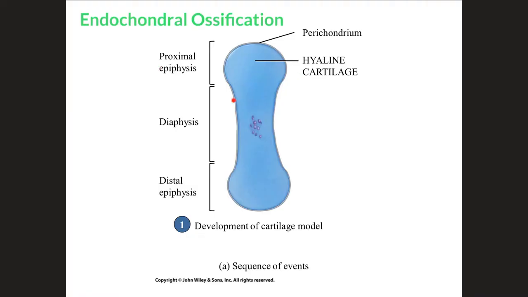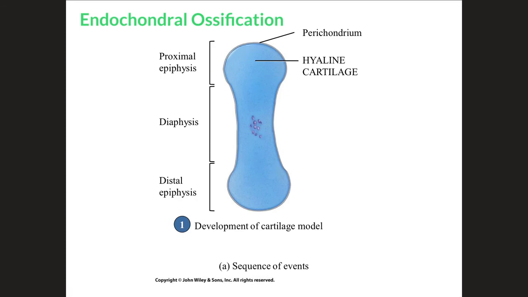In endochondral ossification, we start with the development of the cartilage model. Now, this hyaline cartilage develops on mesenchyme. So mesenchyme tissue is actually the precursor to this, but instead of bone being developed straight from that mesenchyme tissue, that mesenchyme tissue is going to differentiate into hyaline cartilage, forming this model of bone, and then from this cartilage model, the bone will be formed.